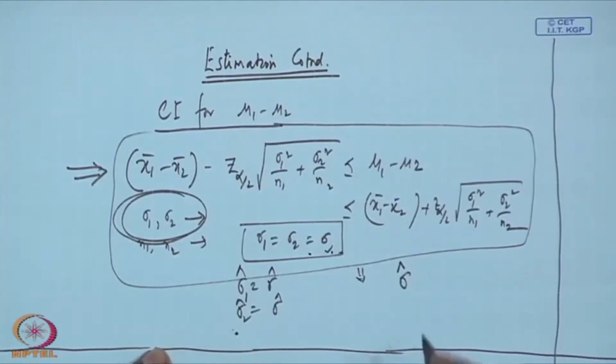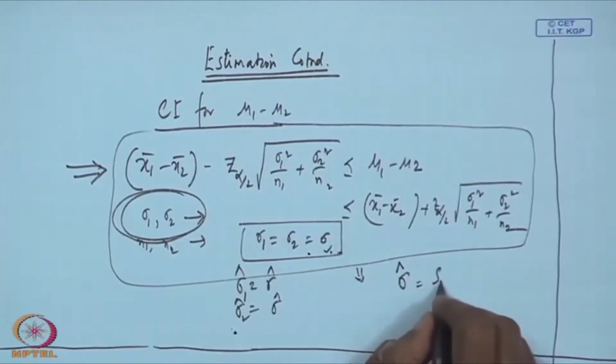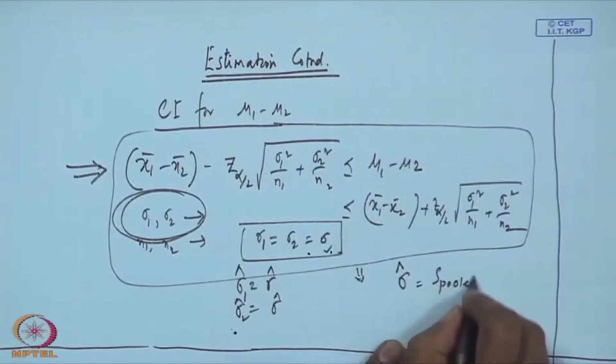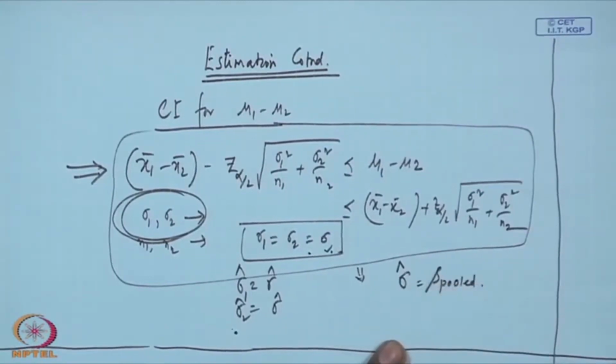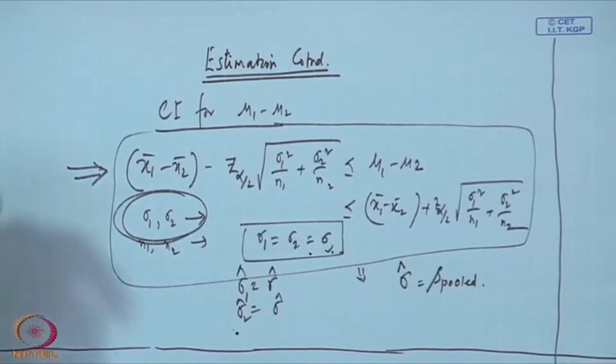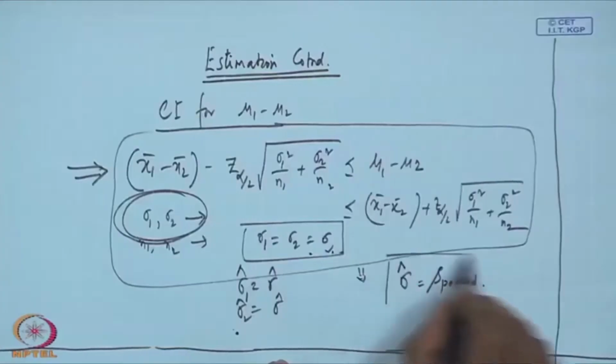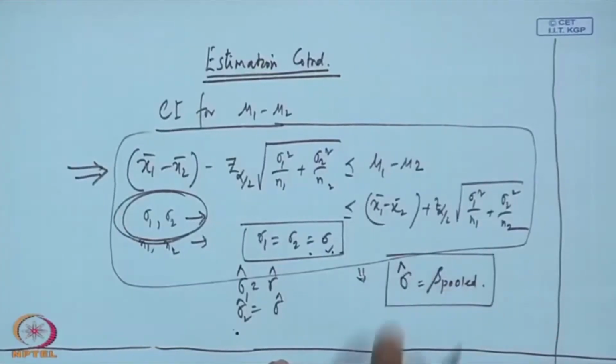That is why we calculate S pooled. The two samples are pooled together, and then you calculate the estimate of sigma, which is S pooled. So, what is this S pooled?